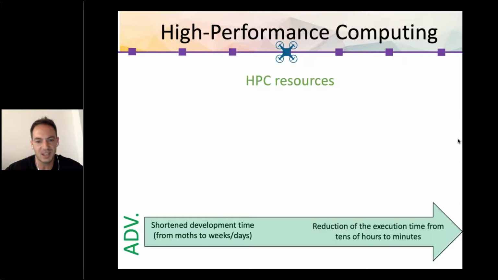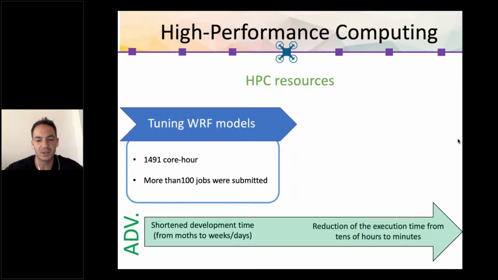So just to give you some insight, during the first tuning of our parameters, Tesca provided us with 491 core hours. So it means that we can do this tuning of the parameters quite easily, without running a simulation and coming back to our computer in 3 hours, right?